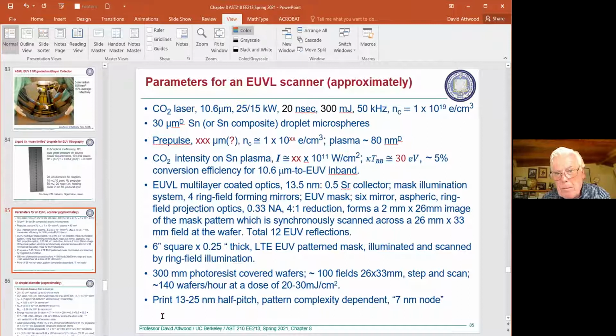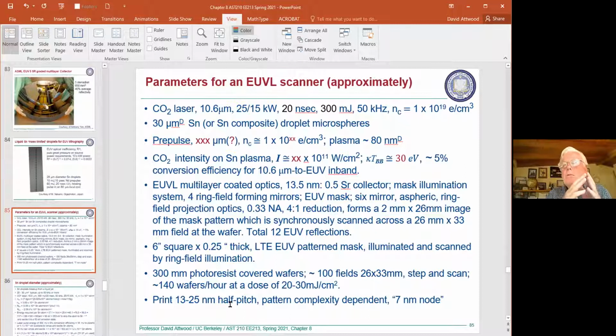Presently they're printing patterns which are in this ballpark, 13 to 25 nanometers half pitch. So the 13 nanometer wavelength is being used to print patterns which are sort of double or triple. The name for this node, they call them nodes.